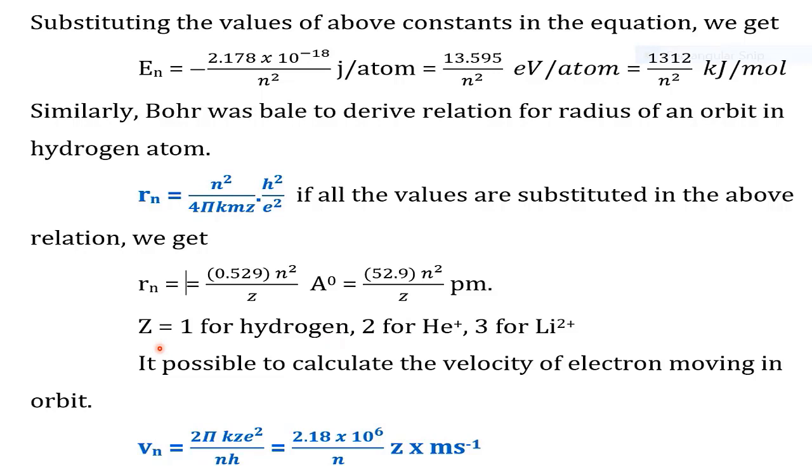For a hydrogen atom, Z equals 1, for He⁺ Z is 2, and for Li²⁺ Z is 3. It is possible to calculate the velocity of an electron moving in the nth orbit as Vn = 2π k Z e² / (n h), which is equal to 2.18 × 10⁶ Z/n meter per second.